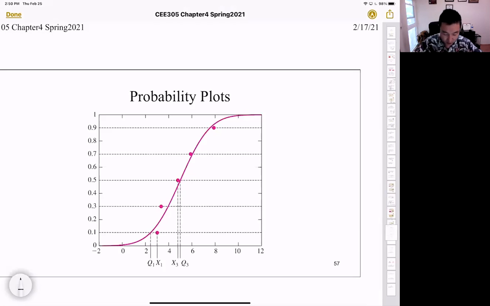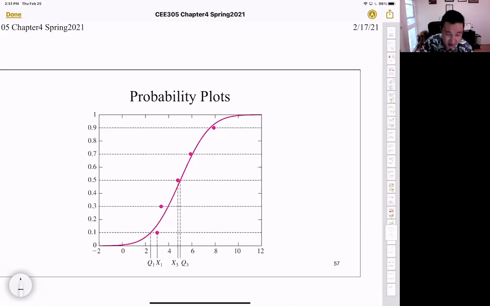So here shows the cumulative distribution function, CDF, for a normal distribution, and it also plots the data points, xi and qi.